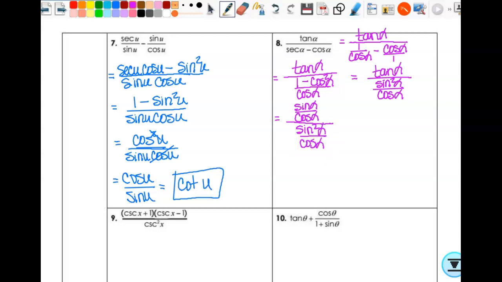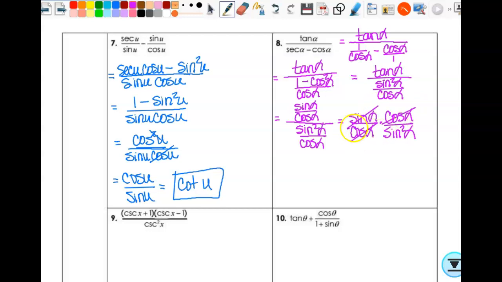I'm dividing by a fraction. I know how to do that. That's going to become sine of alpha over cosine alpha times cosine alpha over sine squared alpha. Now can I reduce some stuff legally? Yes. I can cancel these cosines.